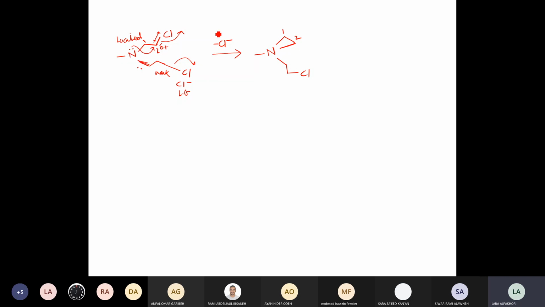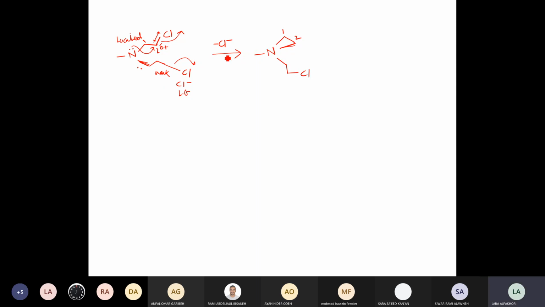Okay, now already in the compound here the nitrogen has donated its lone pair, or one of the electrons of the lone pair, to this carbon to form this covalent bond. Okay, in this structure do I draw a lone pair on the nitrogen? No, exactly, because the lone pair is already involved in this covalent bond.